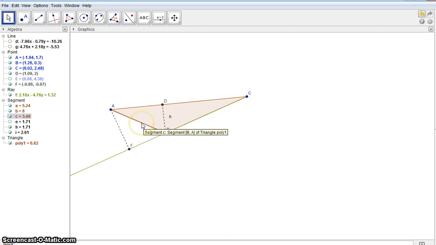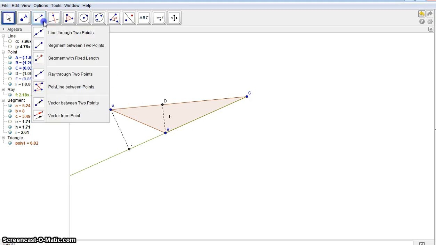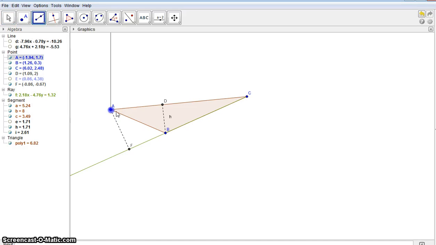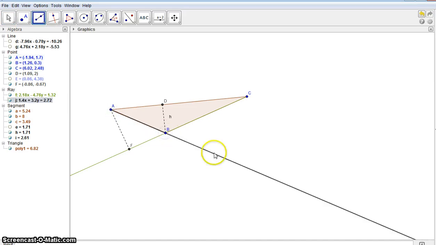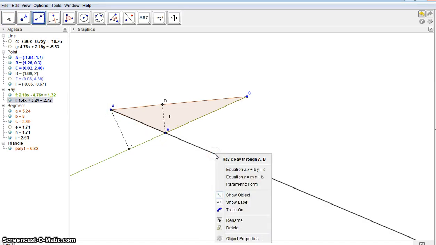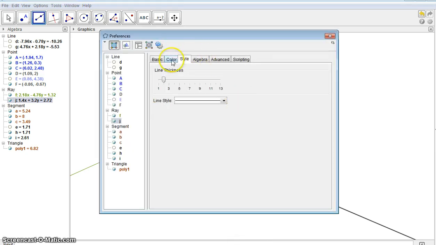Now the opposite side is AB. That's the side that doesn't share a vertex with C. But the only way to go perpendicular to line AB is to extend it and consider the line that contains segment AB. So let's add a ray through AB to extend the line that contains segment AB, and let's change the color of it.